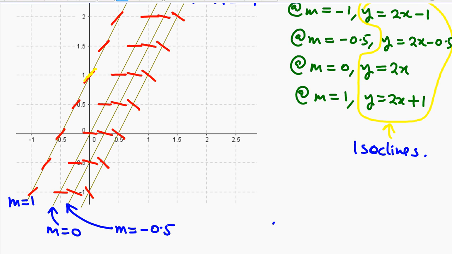Now, when I try to sketch my curve, when it passes through this point, the gradient should be 1. And maybe it can come up like that. So at that point, the gradient will be 0. And then at that point, the gradient will be negative a half. At that point, the gradient will be negative 1 as it's coming down, and then it goes down something like that.